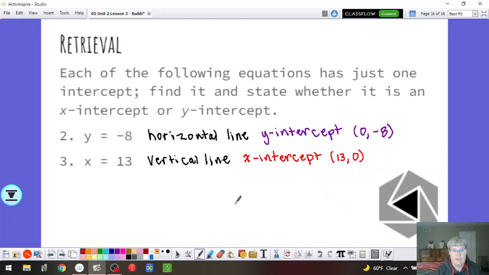So I had students say, oh, so if you have y equals -8, that's going to be a y-intercept of -8. Exactly, it's not going to be any different from that. And this concludes Lesson 3 from Unit 2.